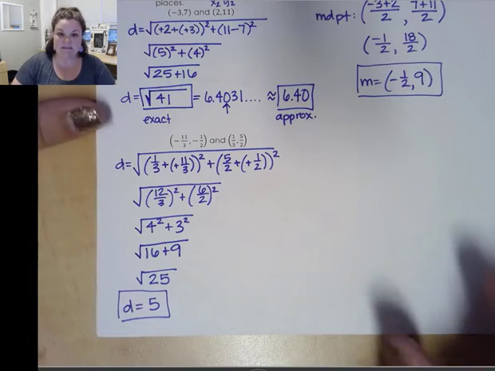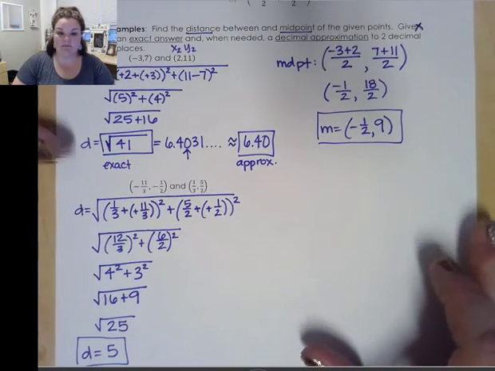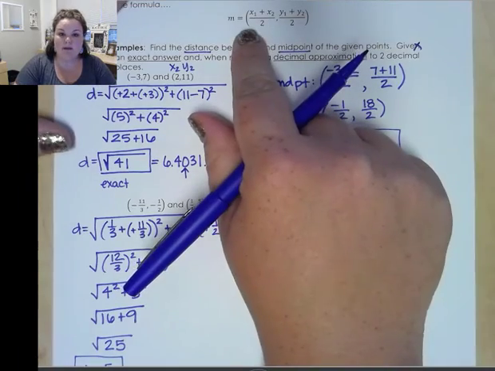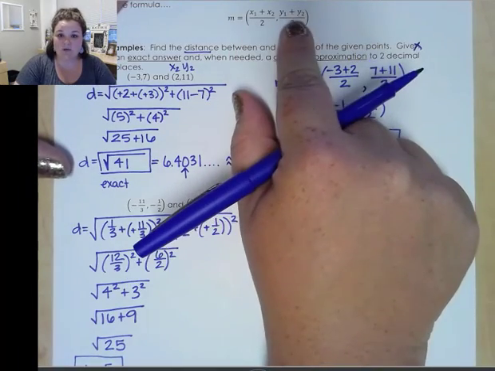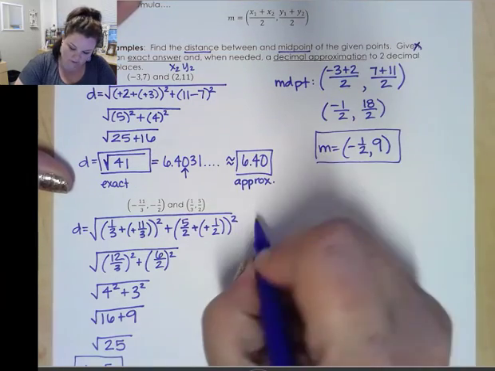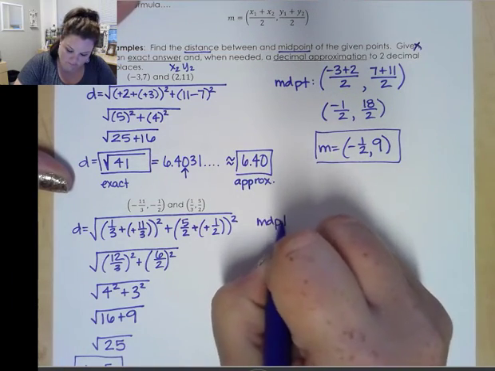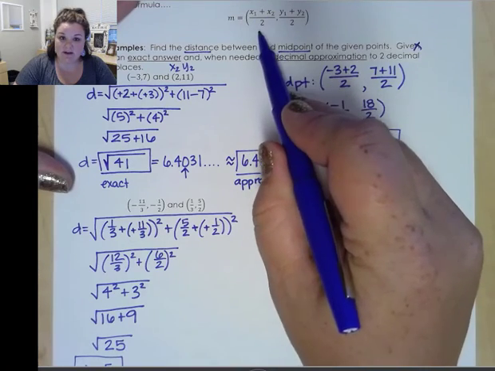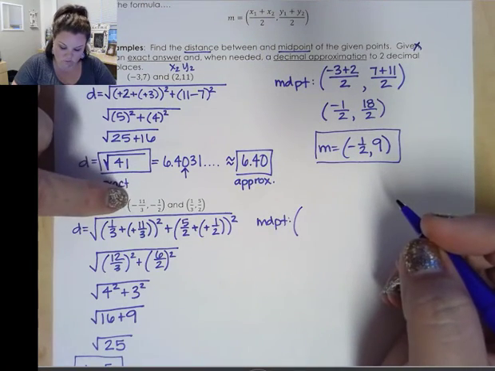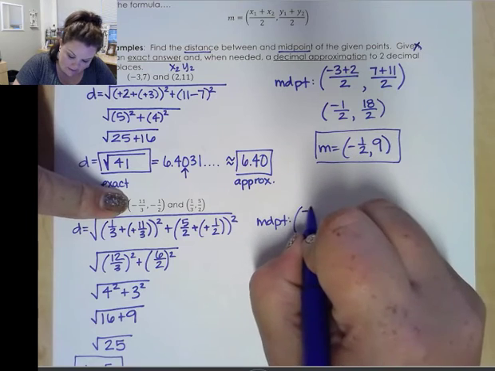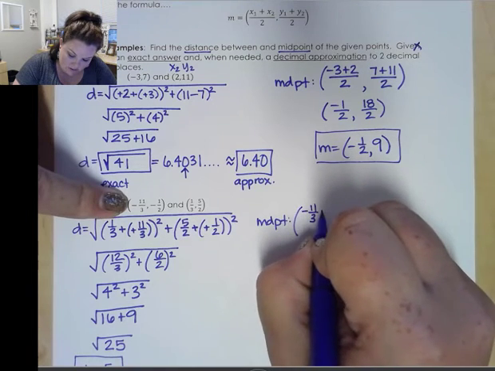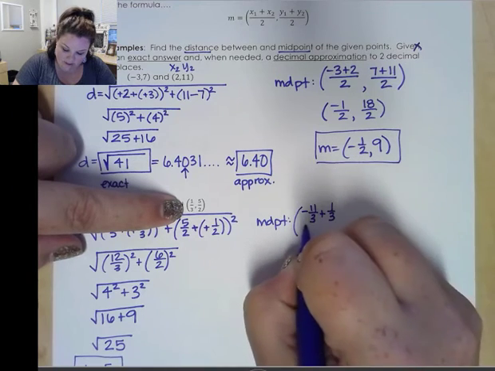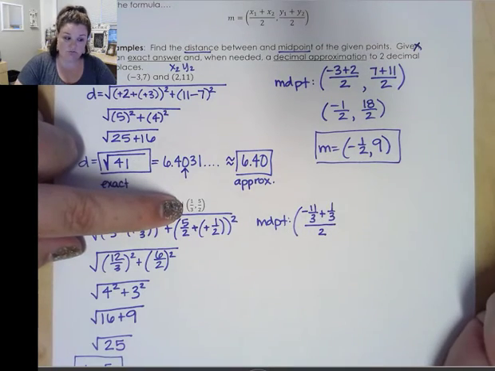Okay, so now let's look at the midpoint. I'm going to move my paper back up just a little bit so we can see the formula. For the midpoint, we're going to average our x's and average our y's. So we do x1 plus x2 divided by 2: x1 is negative 11/3 plus x2, which is 1/3, and we divide that by 2.